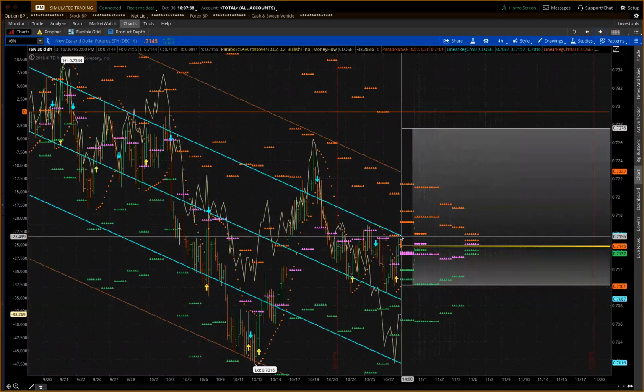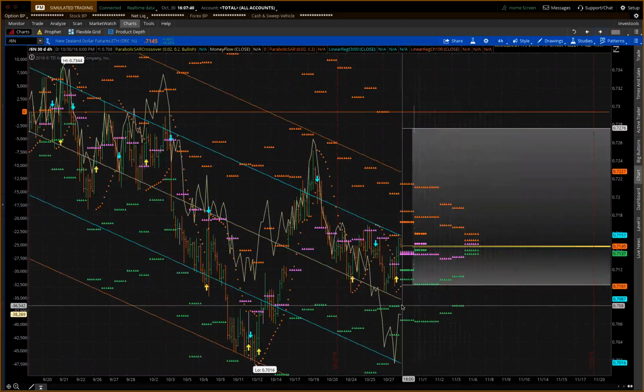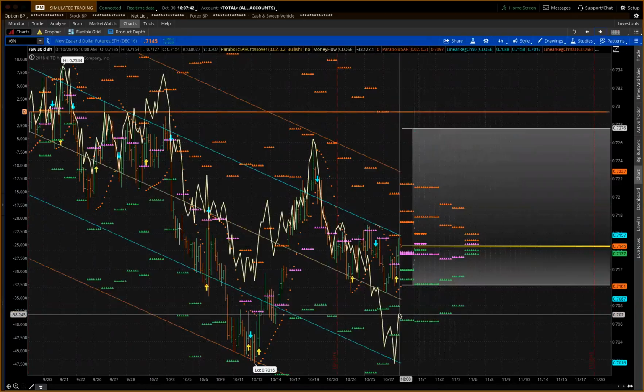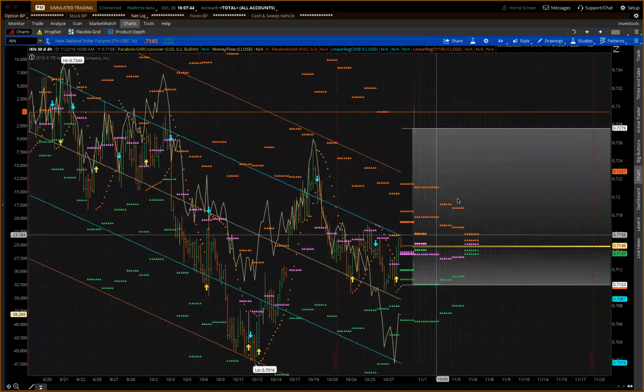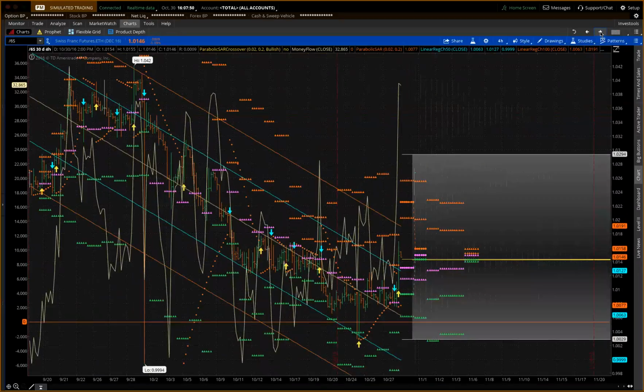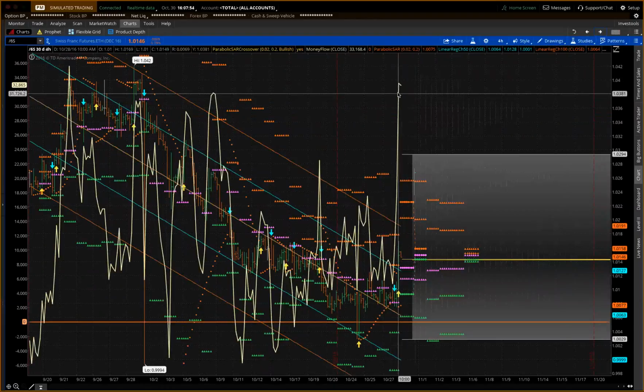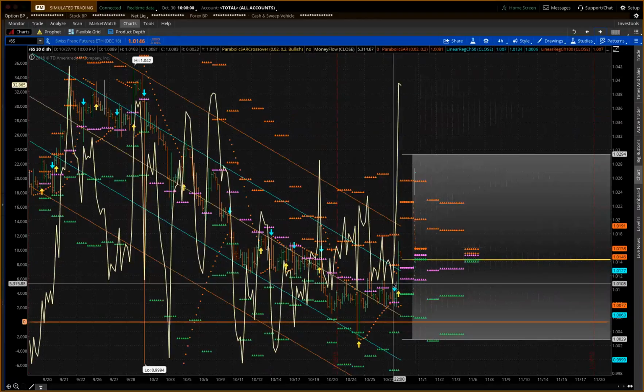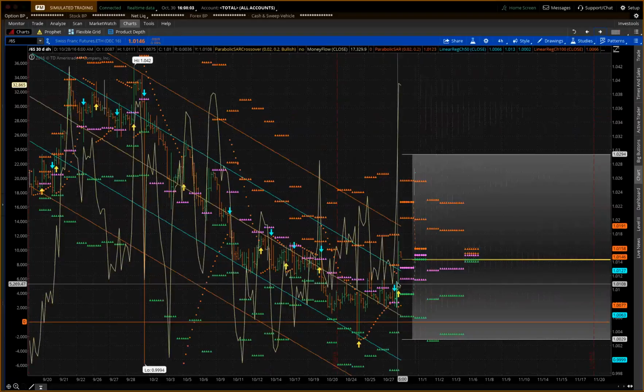6N, basically the same thing as the Australian dollar, has some more room to run on the upside with this money flow. But folks probably want to play the short side of this, so any strength will be sold into. This was interesting, this spike of the money flow. This is Swiss francs, took off running, so there's a lot of money that entered Swiss francs on the spike up on Friday.